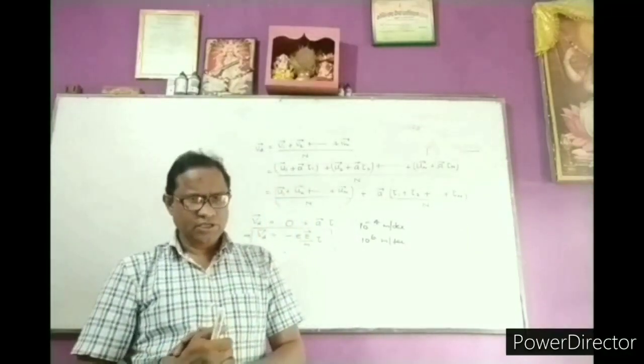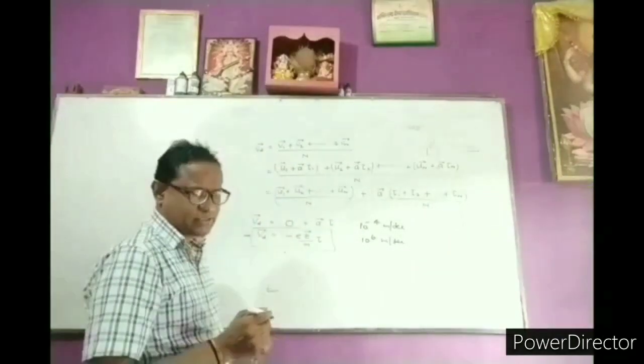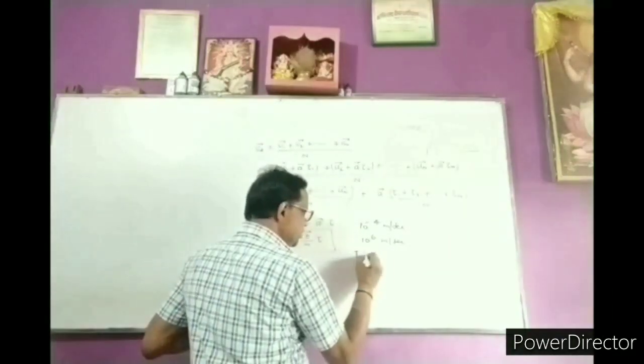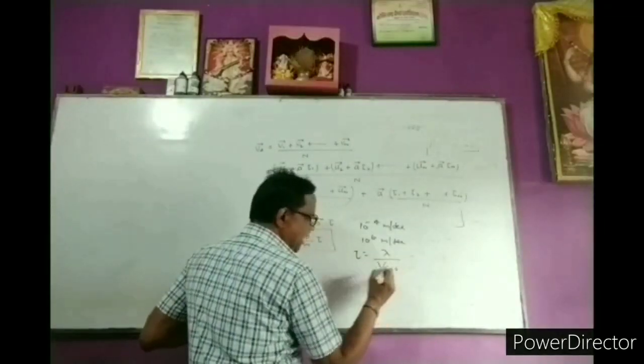Mathematically, it is expressed as tau is equal to lambda upon v rms.